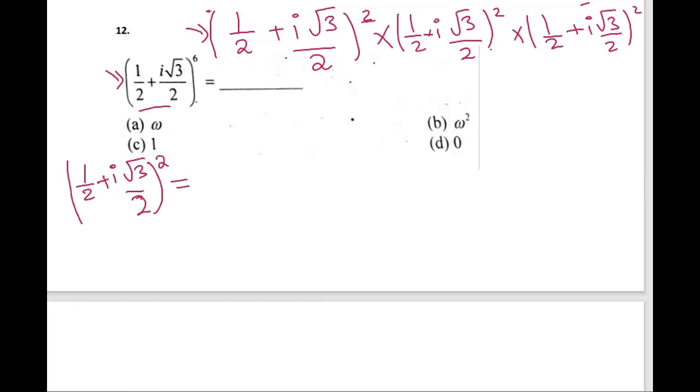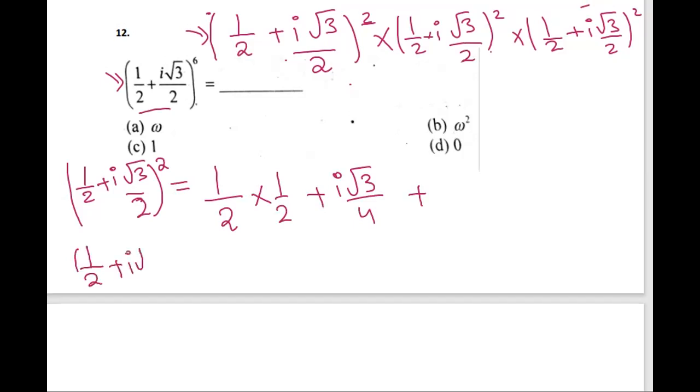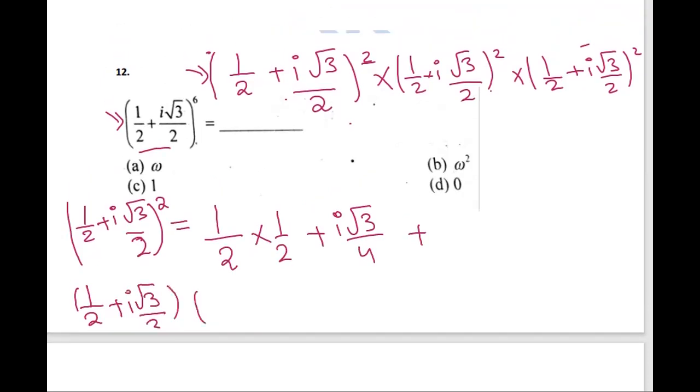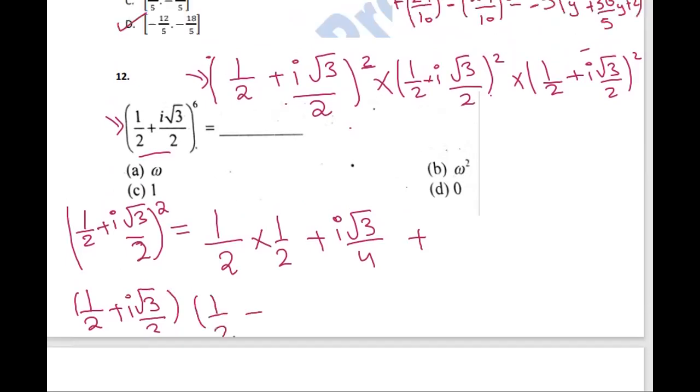We will have 1 by 2 into 1 by 2 plus iota root 3 by 4 plus we are going to get... this is how I'm multiplying it, because we just have to multiply it initially and all the other factors would be multiplied in a similar way.